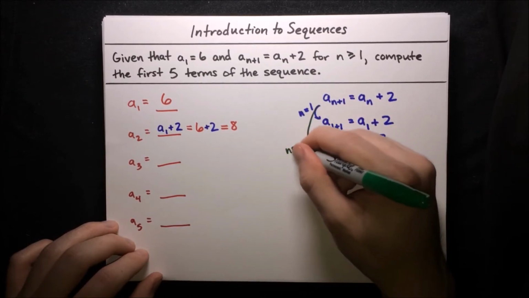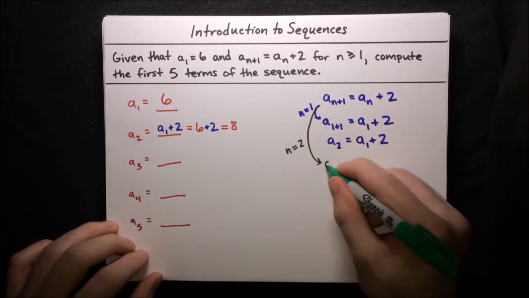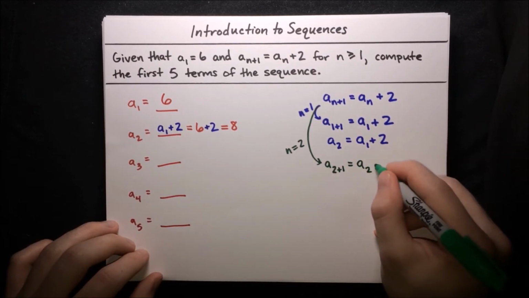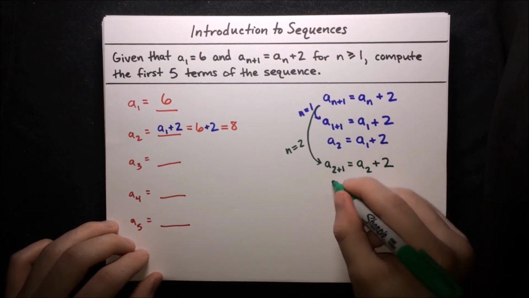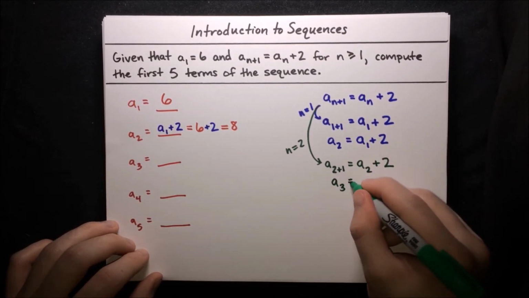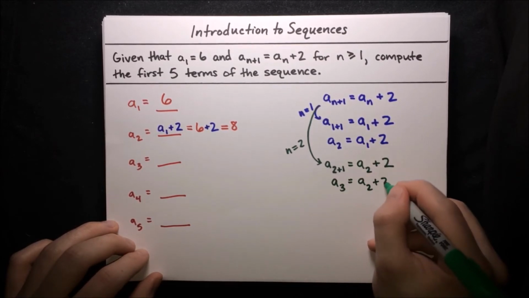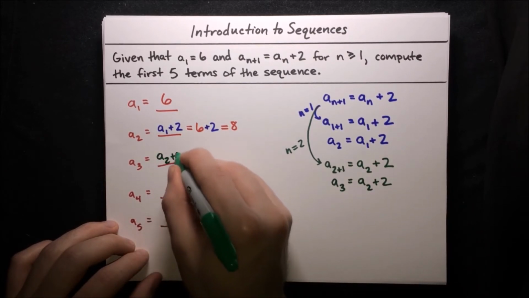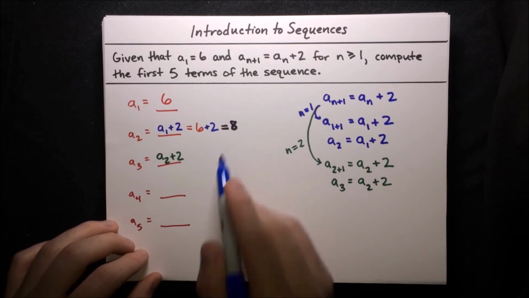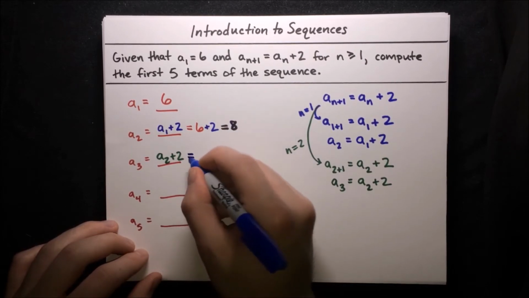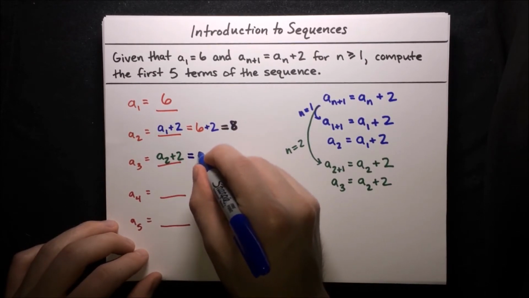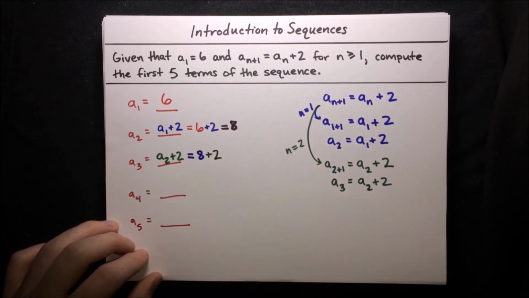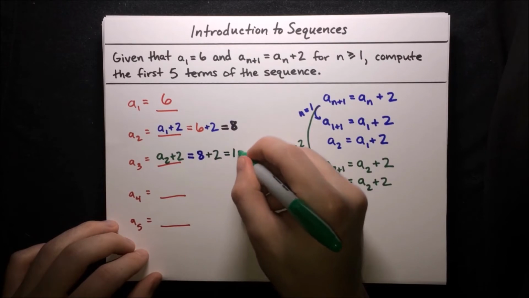So plugging in n equals 2, we get A(2+1) equals A2 plus 2, which simplifies: A3 is equal to A2 plus 2. And we'll go ahead and write that in here. A3 is equal to A2 plus 2. And A2 is equal to 8, so we can just go ahead and sub that in. So A3 is equal to 8 plus 2, which makes 10.